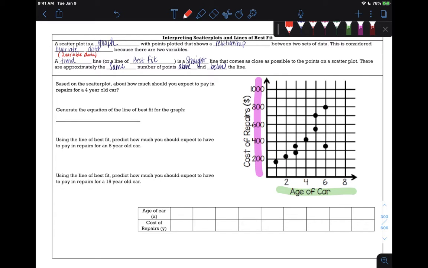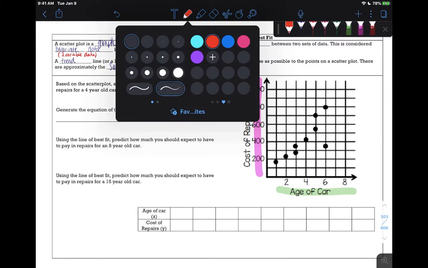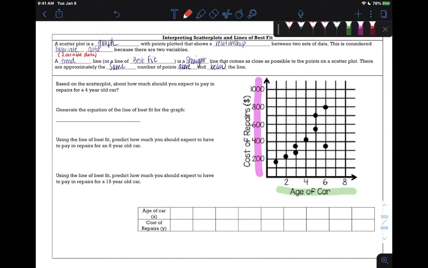Now, the great thing about doing this in the calculator is that it makes it super easy to find these equations. If I was to guess, and this is something you can also do to check your work to make sure the line that you receive goes approximately where you're drawing it, you're trying to get a line that goes through the most number of points.